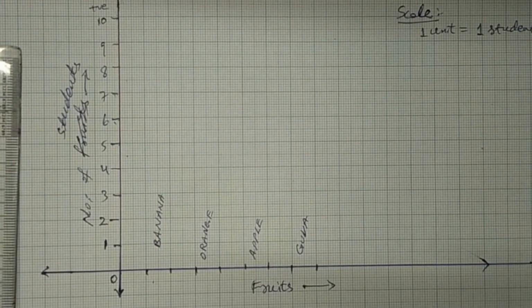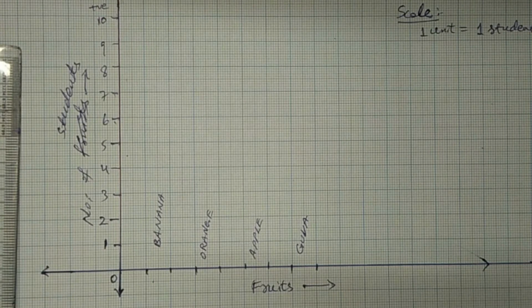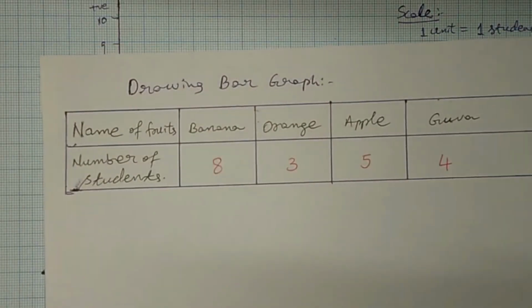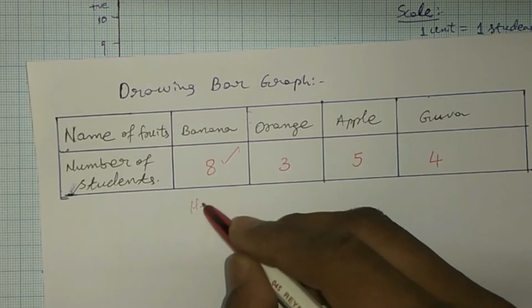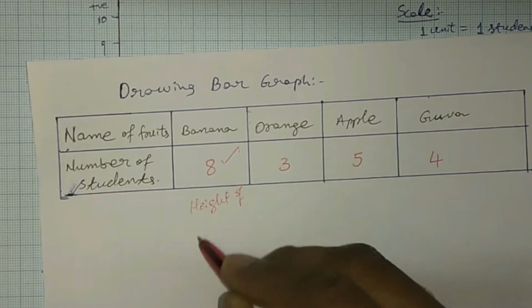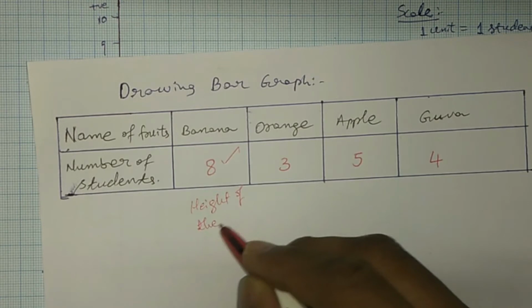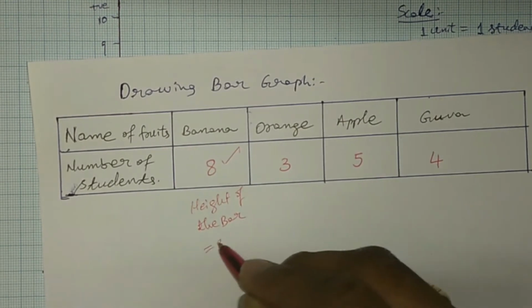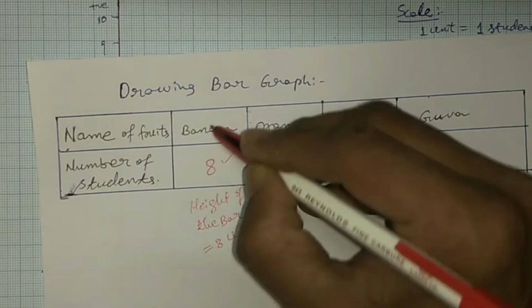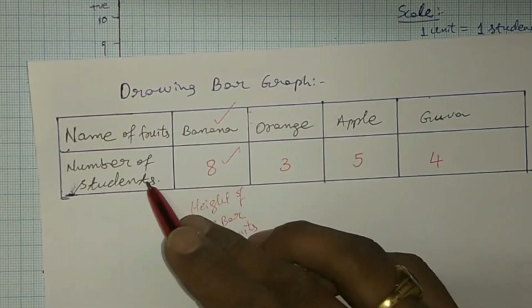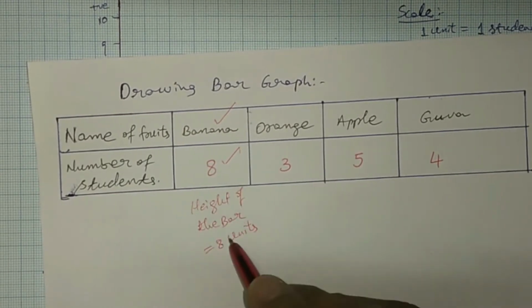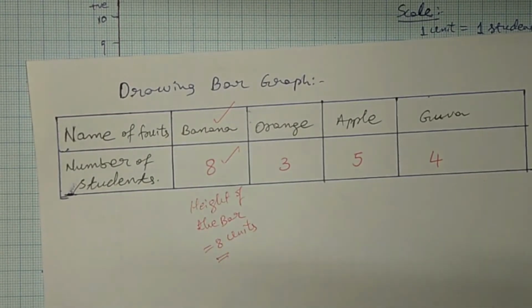Now, students, since bananas are 8 in number, we have to take the height of the bar as 8 units to show banana. Since 8 students like banana, we need to consider the height of the bar as 8 units.